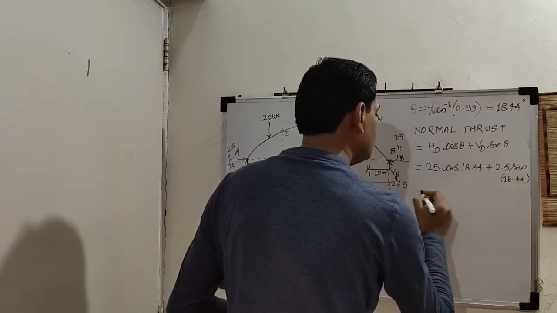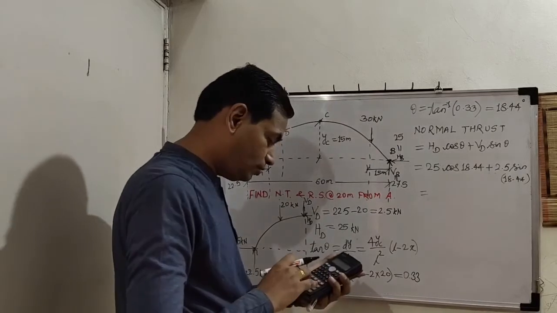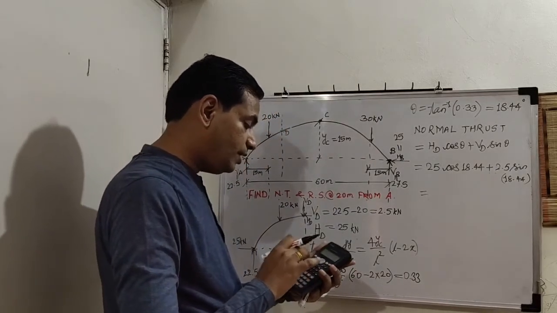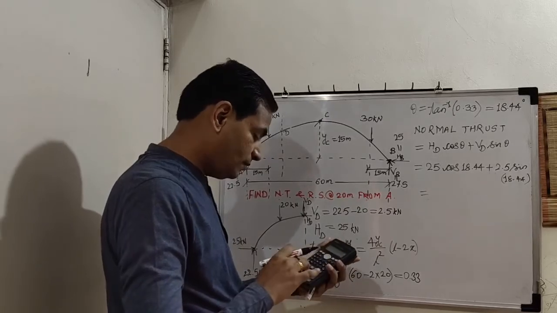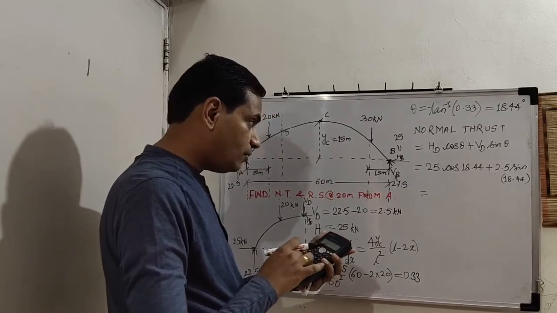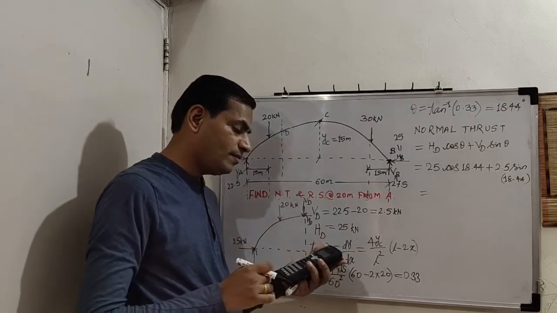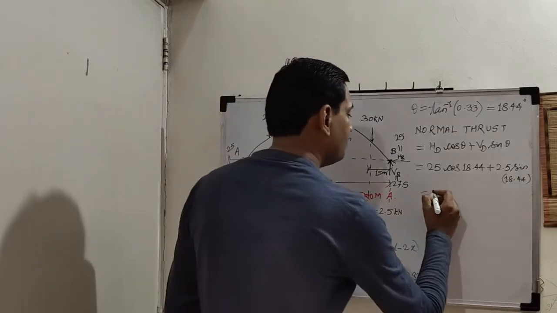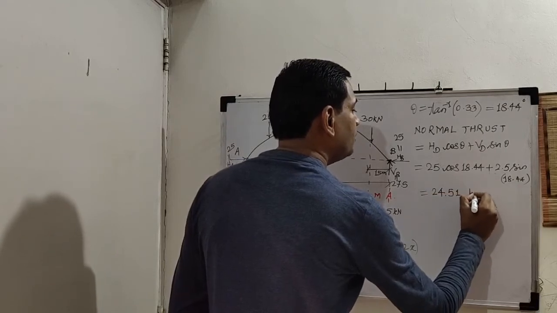Okay. So calculate this value, that will give us normal thrust. So 25 cos of 18.44 plus 2.5 sine of 18.44. So the value is 24.51 kilonewton.